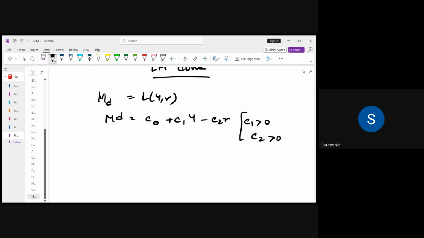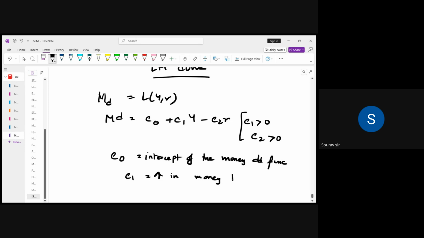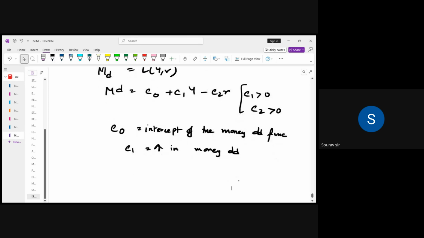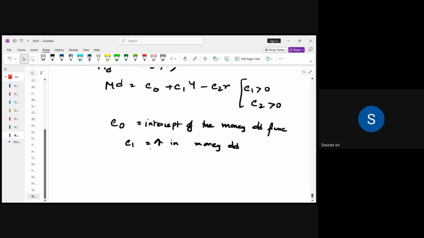Here C naught is the intercept of the money demand function. And what is C1? The increase in money demand. And C2 is the fall in money demand per unit.